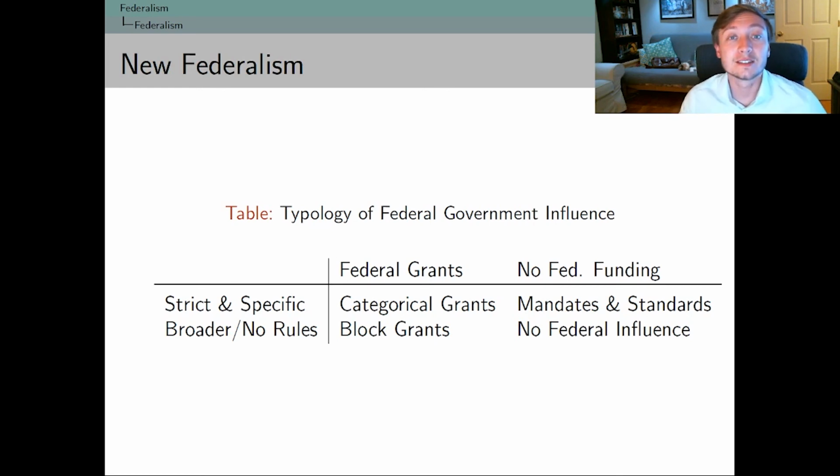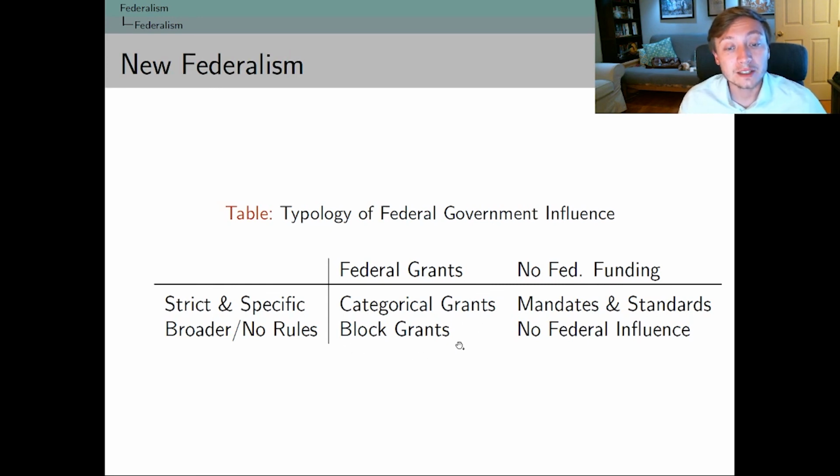And so this side here, where we've got categorical grants and block grants, are these two vehicles, these two tools that the federal government has to influence states. These are really two of the biggest types of federalism relationships that we have in modern federalism. So either we have these categorical grants where the federal government has provided money that is for very specific purposes, designed to do something extremely specific, and the states don't really have the ability to change those rules much at all.